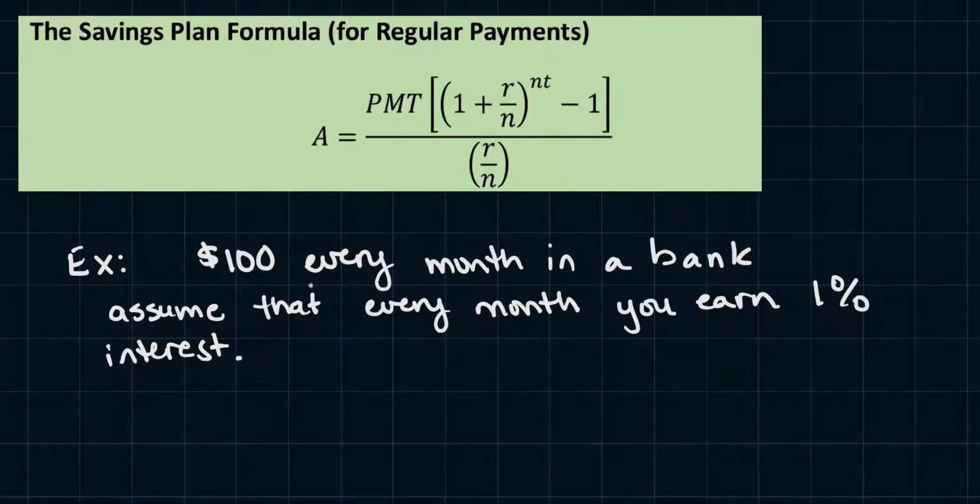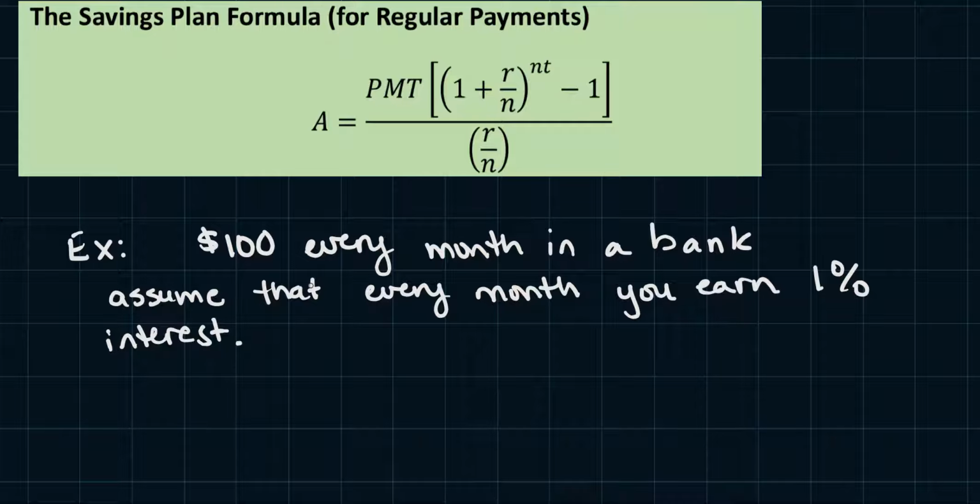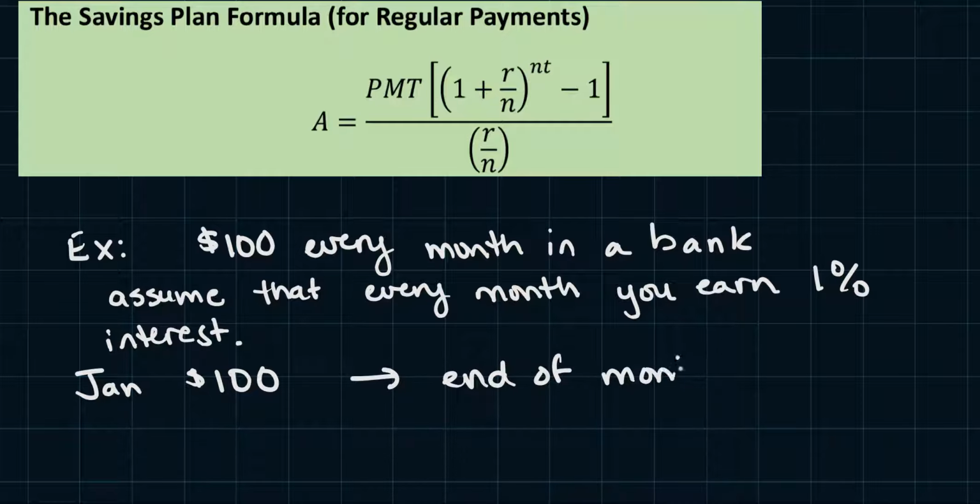So every time you make a deposit, at the end of the month, you're going to earn 1% interest. So this is what's going to happen. Let's say you start in January and you put $100 in on the first of the month. So at the end of the month, you're going to earn 1% interest.